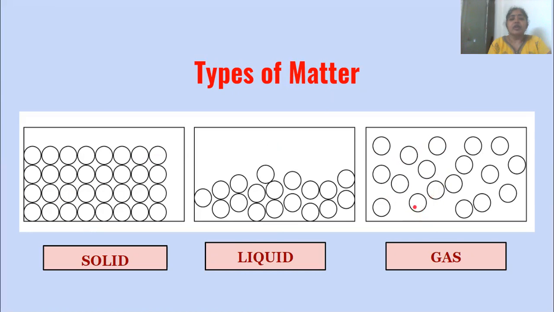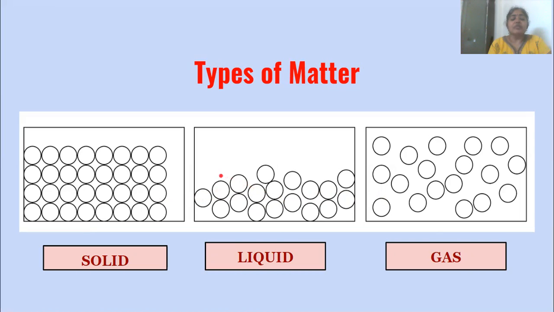That is, the intermolecular distance is the maximum in a gas. Comparatively, in liquids, the distance between adjacent particles is more than that of the solids, but less than that of the gas. So we can say the intermolecular distance in a liquid is moderate.